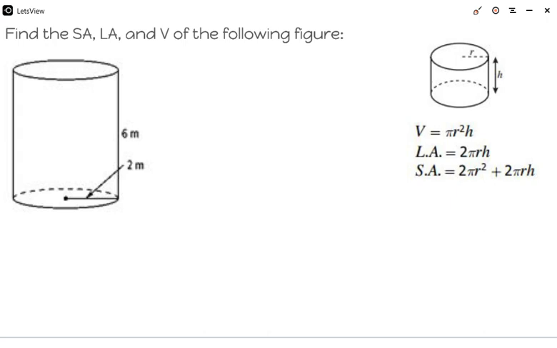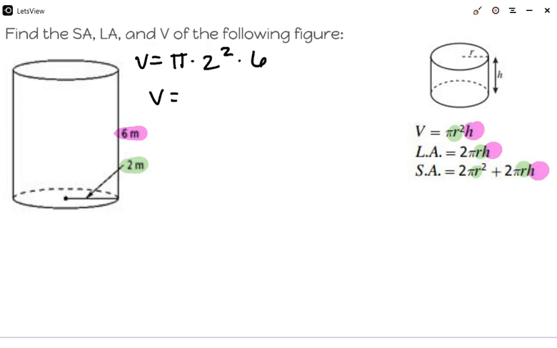We now have a cylinder. We have 2 exciting measurements: we have our height, and then we have our radius. All right, let's go. Volume: pi times our radius squared times our height.